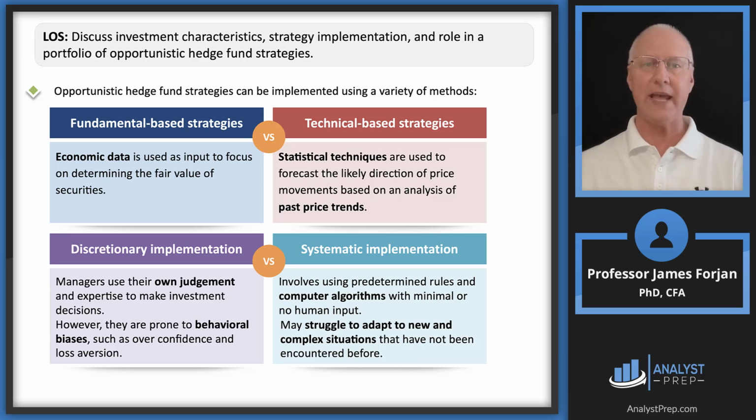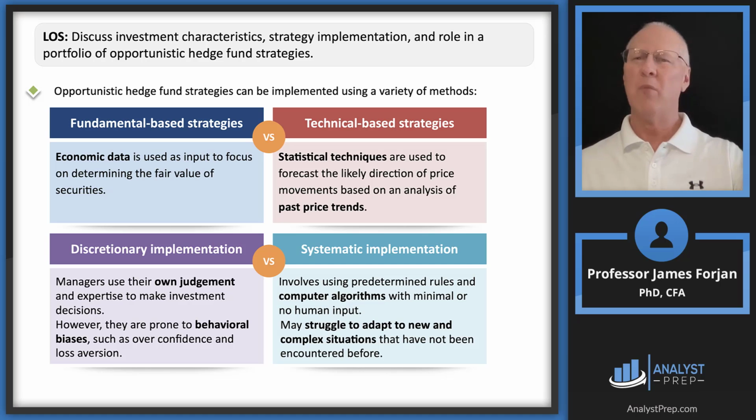I'll go ahead and date this particular recording, even though I try not to do that so that they don't seem like they're out of date. But in the relatively recent past, we had the SVB Bank failure, and clearly, whether or not we use discretionary or systematic implementation, maybe looking at California banks that catered to the tech industry and startups, hopefully here, what we could have done is kind of uncovered that this was an overvalued financial institution, and we could have thrown that into our hedge fund strategy as part of, what did we do before?